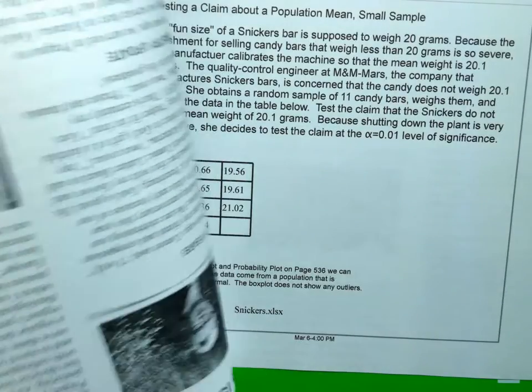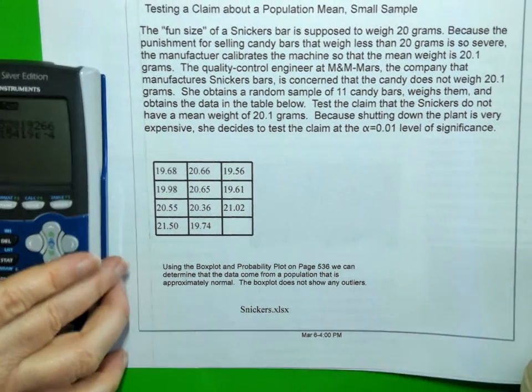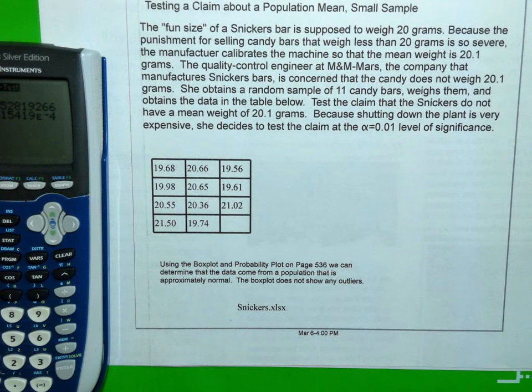Okay, you try. Oh, this one has data. So let's try one with data. A fun size Snickers bar is supposed to weigh 20 grams. Because the punishment for selling candy bars that weigh less than 20 grams is so severe, the manufacturer calibrates the machine so that the mean weight is 20.1 grams.